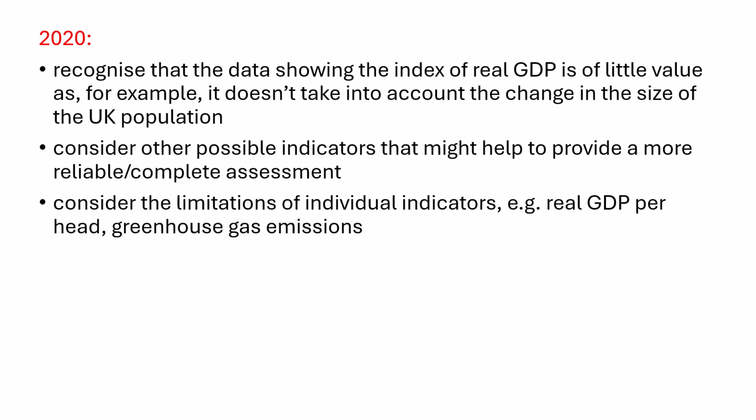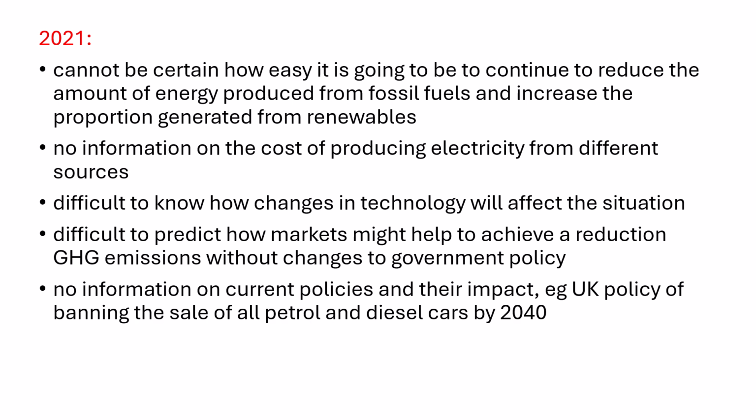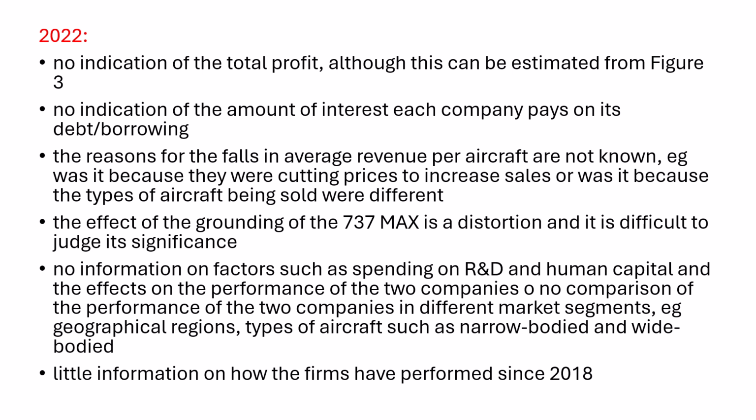There was only 3 on the mark scheme. 2021. 2022. And as you can see, this was an example that I used earlier. So no indication of the amount of interest each company pays on its debt or borrowing.